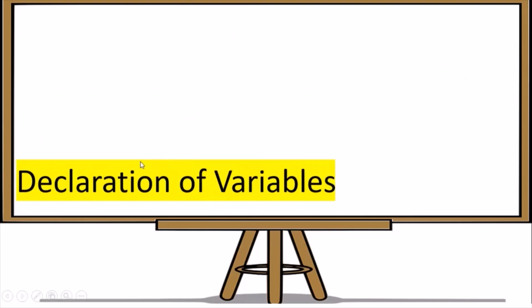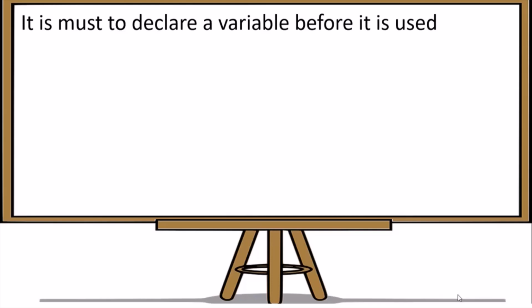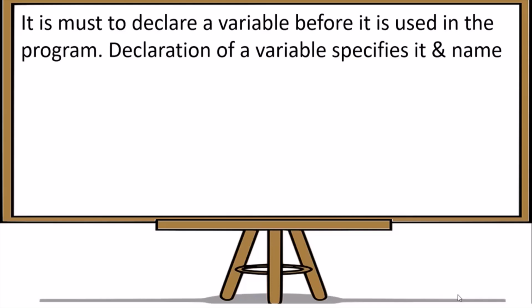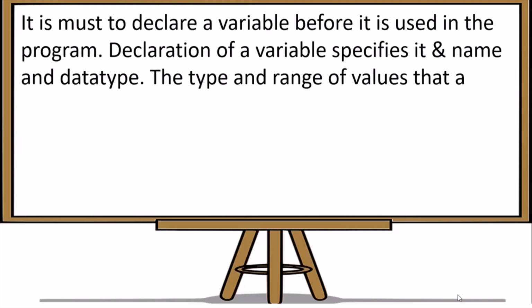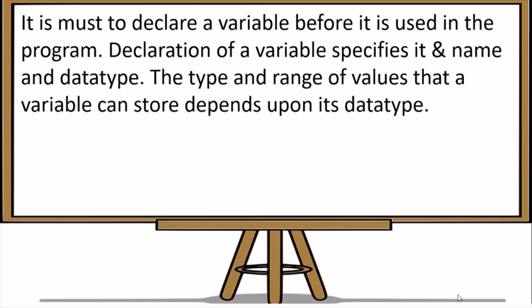So when we say we have to mention the data type, then we should know the declaration of a variable. That means how we can declare a variable. There is a particular syntax for this. If you have already done C programming, you must be aware of how we declare a variable. If you are not aware, you can see the previous C programming videos, or we are doing the same thing again in this lecture also.